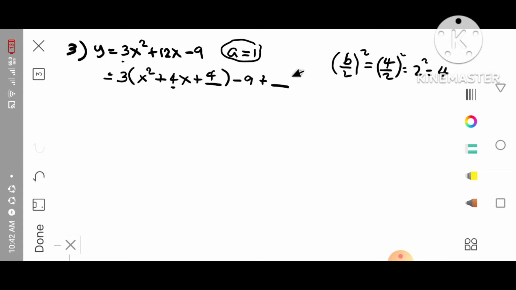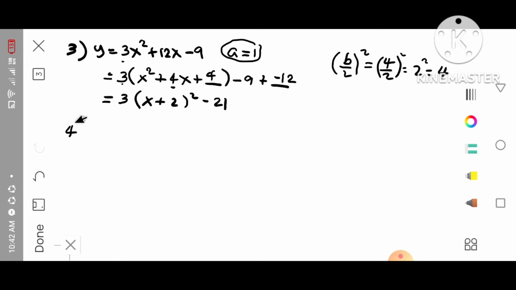Now instead of adding just 4 on the second blank, no, we have to add negative 12 because we factor out 3. Remember? So kailangan i-multiply natin yon, no? Okay, so we have 3 times x squared plus 4x plus 4 is now a perfect square trinomial. So that is x plus 2 quantity squared. Now negative 9 plus negative 12 is negative 21, and that's it.